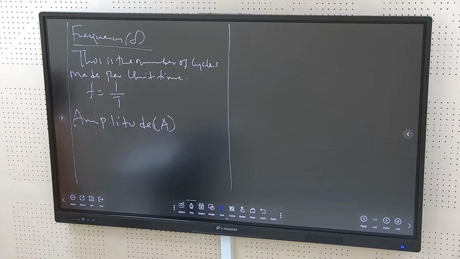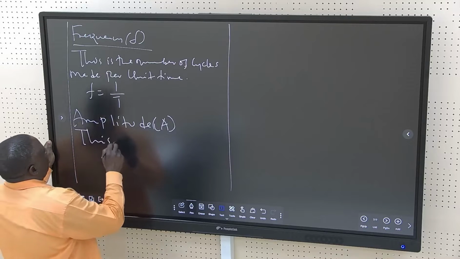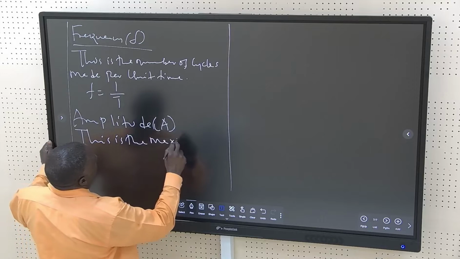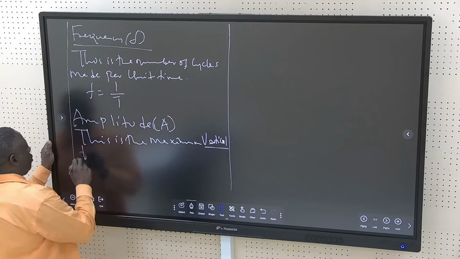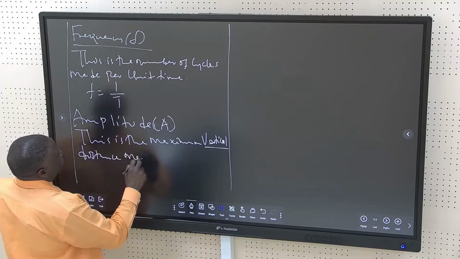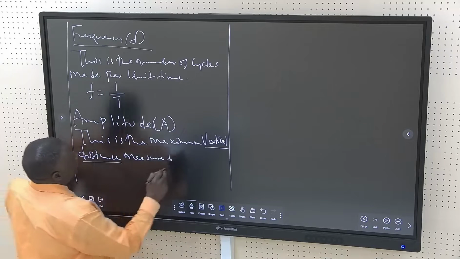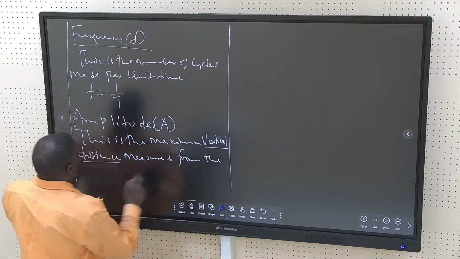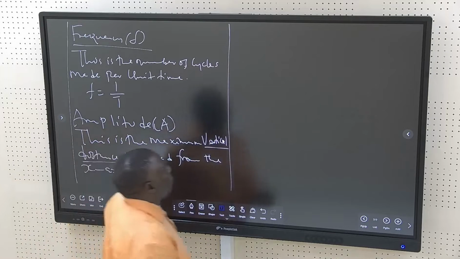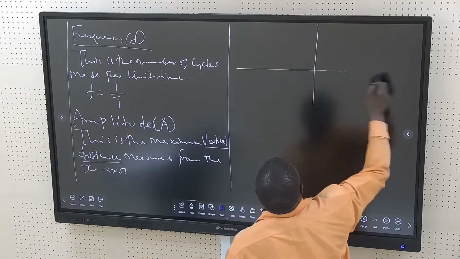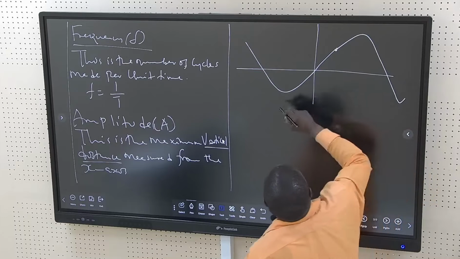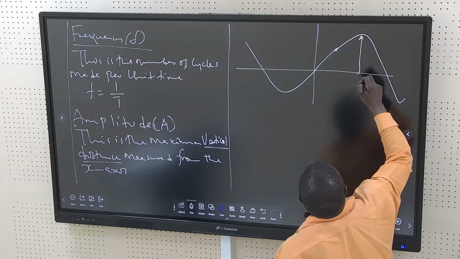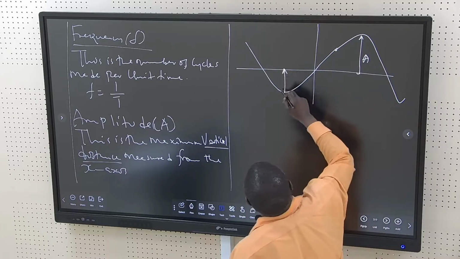We say this is the maximum vertical distance of a periodic function, measured from the x-axis. So this is the amplitude, the maximum vertical distance measured from the x-axis.